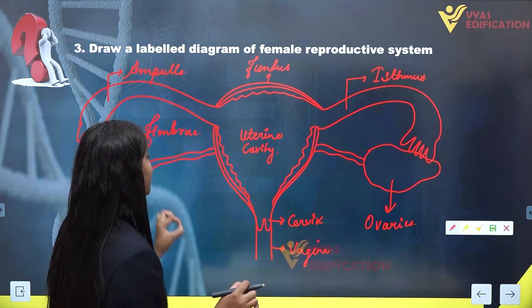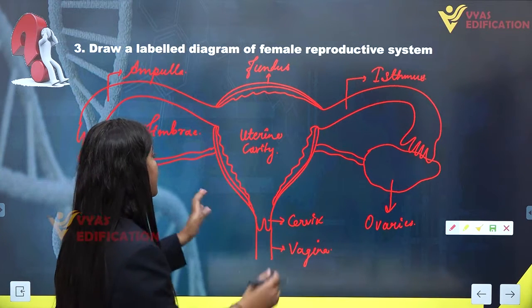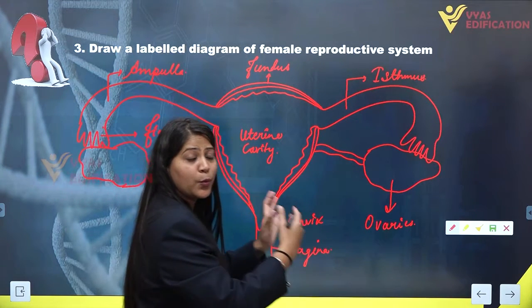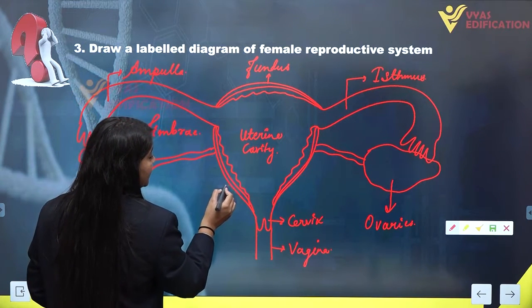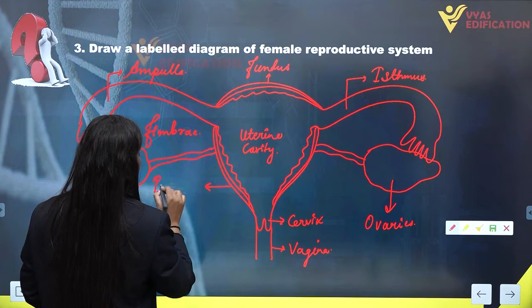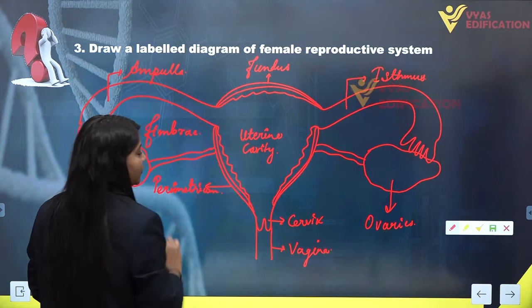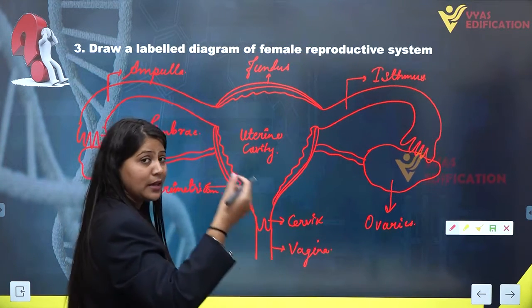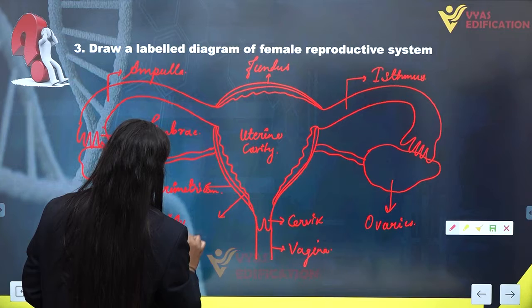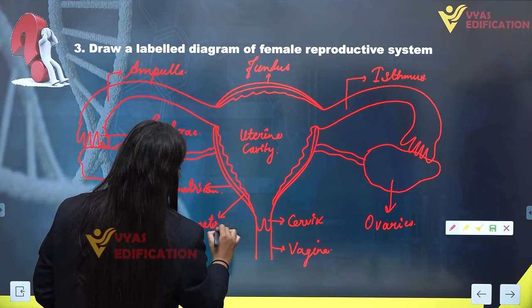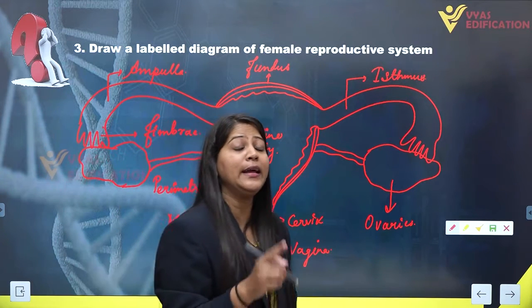The last thing remaining in this diagram is the labeling of the walls of the uterus. From outside to inside we have 3 layers of the uterus, and the outermost layer is known as perimetrium, which is a protective layer. Inside it, the middle layer is myometrium, which contributes to the contractions during labor.